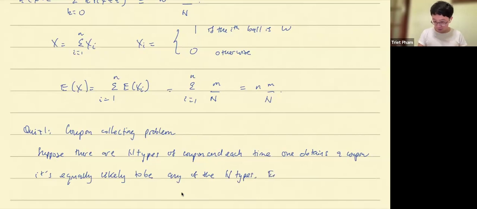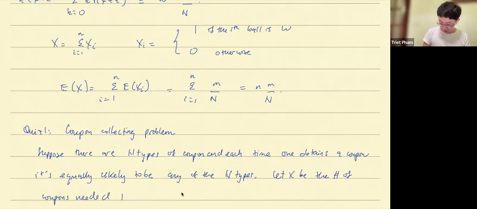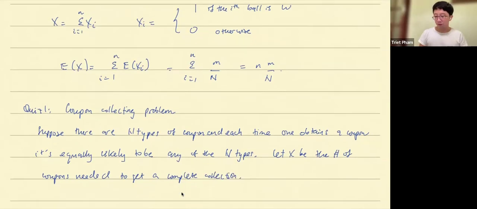Fine. So let X be the number of coupons needed to get a complete collection. Find the expectation of X. All right.